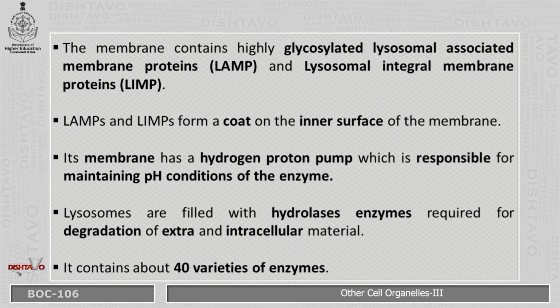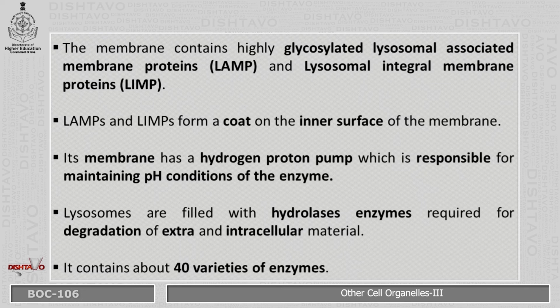The membrane contains highly glycosylated lysosomal associated membrane proteins called LAMP and lysosomal integral membrane proteins LIMP. LAMPs and LIMPs form a coat on the inner surface of the membrane. Its membrane has a hydrogen proton pump which is responsible for maintaining pH conditions of the enzymes.